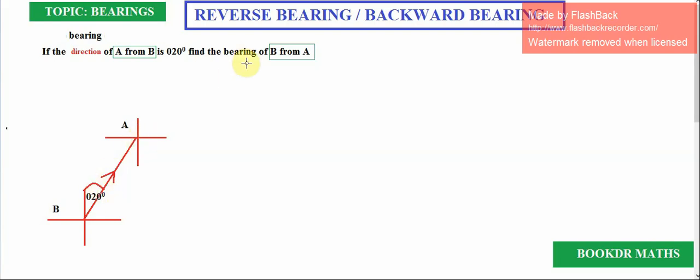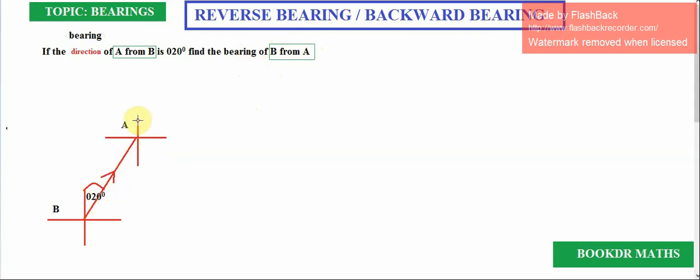Now the question is requiring us to find the bearing of B from A. This time around the angle should be at A. At A, how many degrees should I turn before walking down to B?